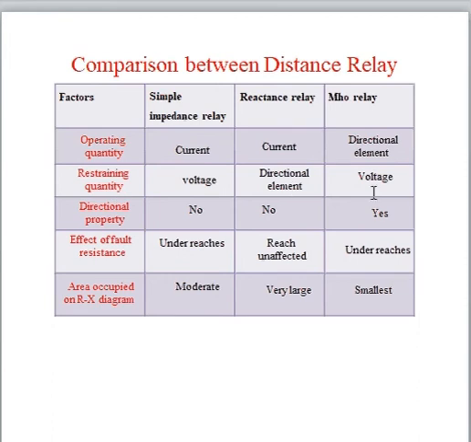Directional property: no, no, yes; the Mho relay is directional. And the effect of fault resistance on reach: under reach, unaffected, and under reach.